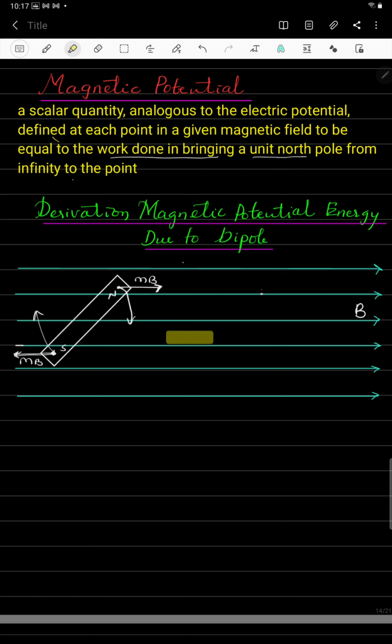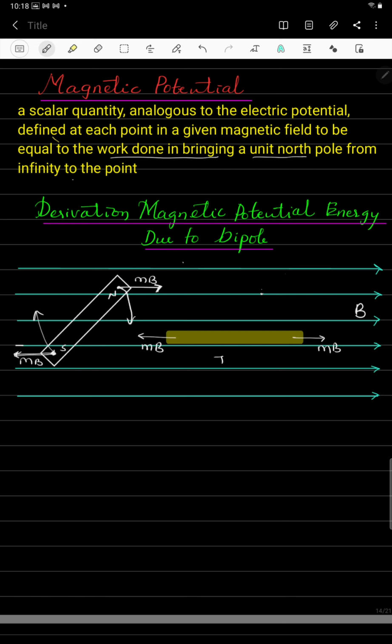See here, if I place this magnet like this, this MB and this MB are both aligned in the same direction as the magnetic field.